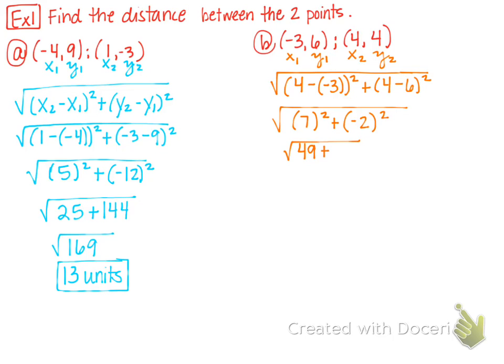Negative 2 squared is positive 4. Make sure you use parentheses in your calculator. So we get the square root of 53. Now, that's not going to be a very pretty number, so put that in your calculator, and you get approximately 7.28. And we have 7.28 units.